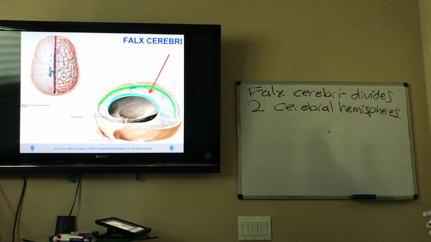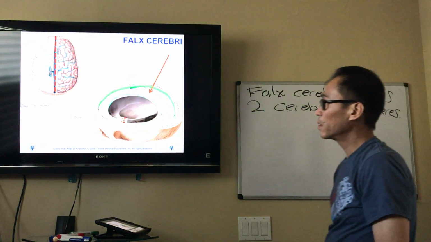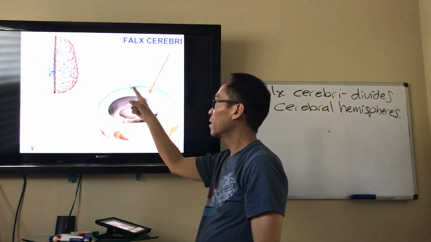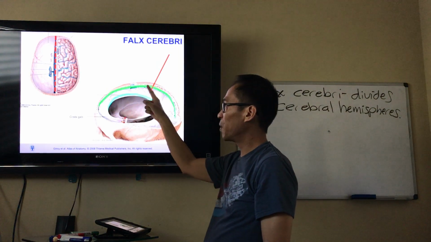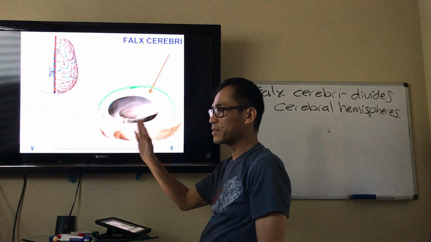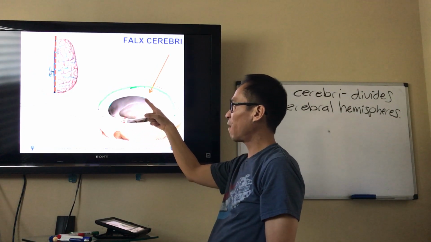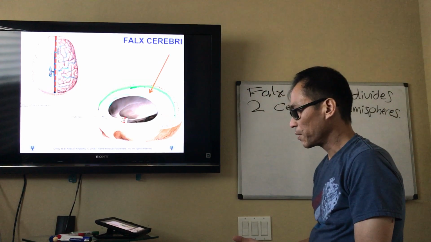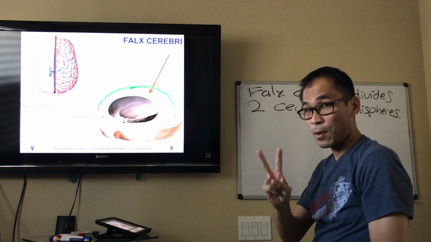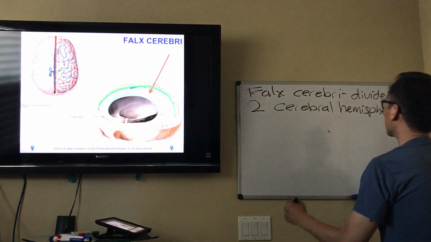Well, know the Falx. You can call it Falx for short. That green line I drew in along the superior border of Falx is the superior sagittal sinus. A much smaller sinus in the inferior edge of the Falx is the inferior sagittal sinus. So note both of those in the Falx.